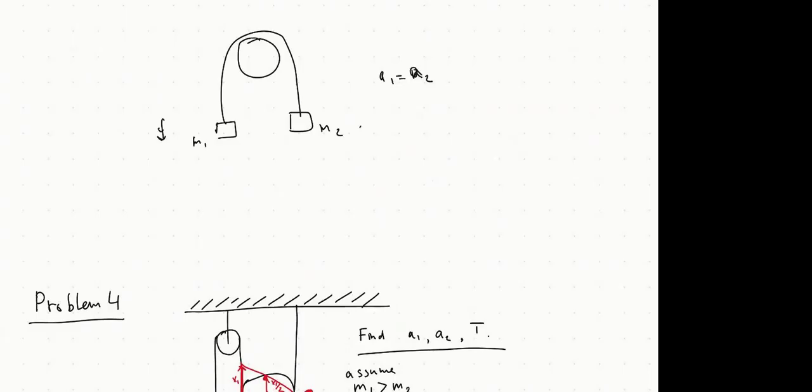So one is accelerating up, one is accelerating down. And the acceleration was (m1 minus m2) divided by (m1 plus m2) g. And the tension was 2 m1 m2 divided by (m1 plus m2) g.